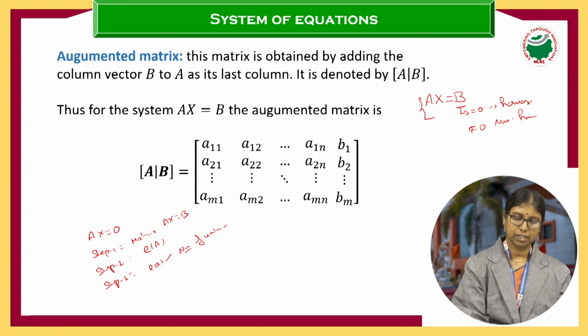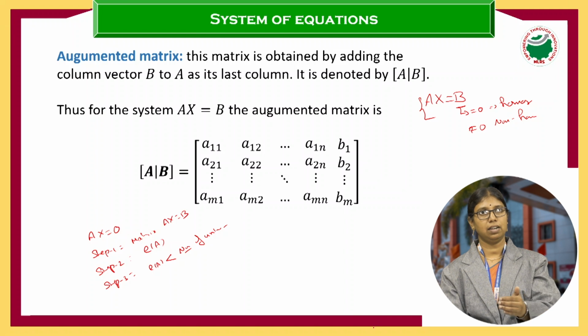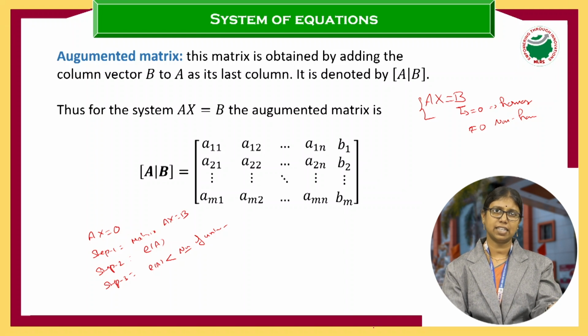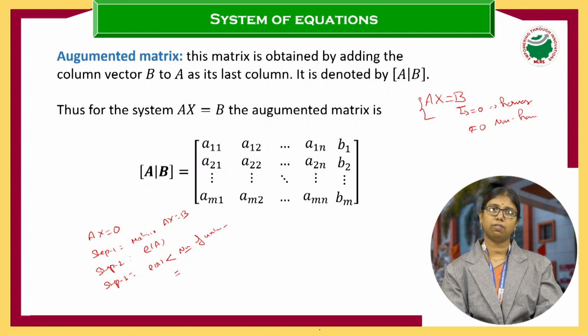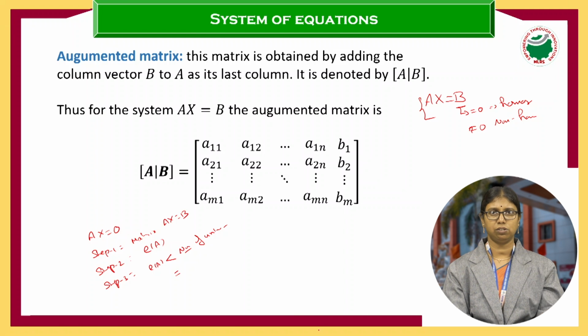If the rank is less than the number of unknowns, then the system has infinite number of solutions. If rank is equal to the number of unknowns, the system has unique solution, or trivial solution, or null solution.